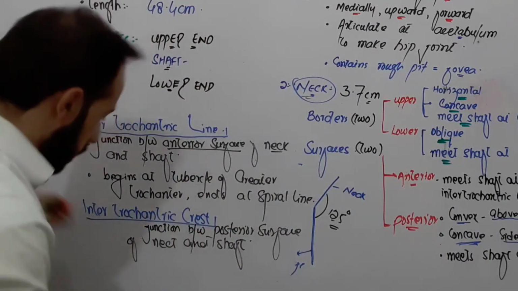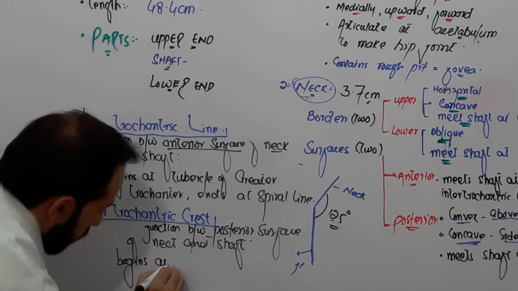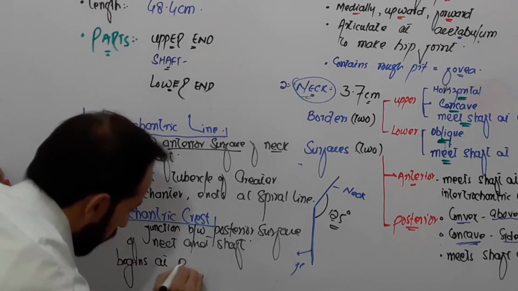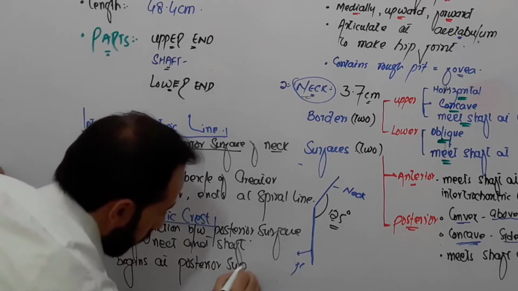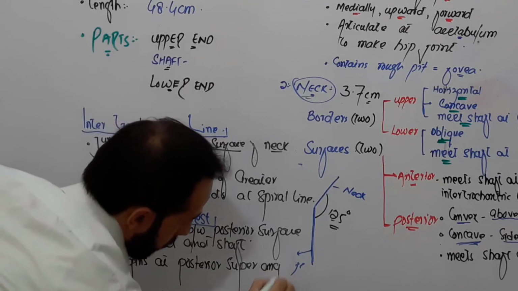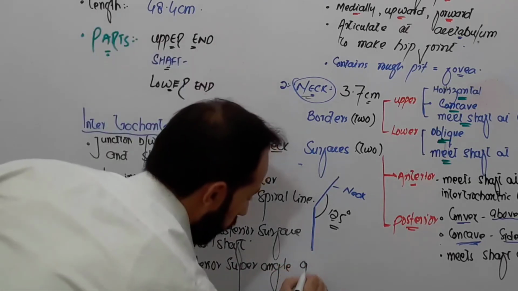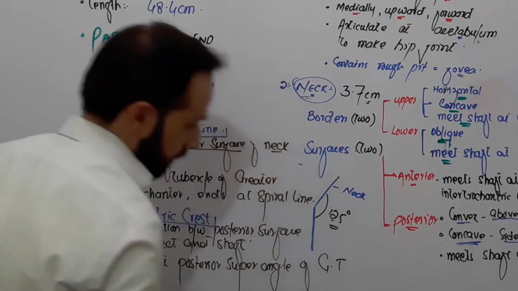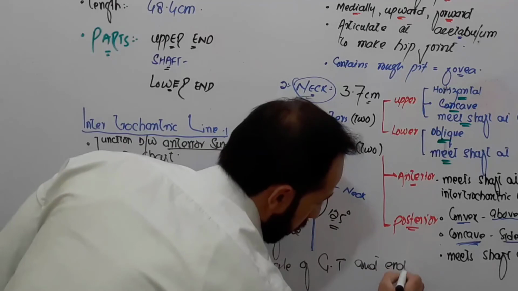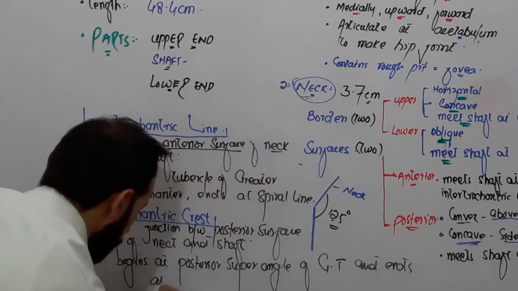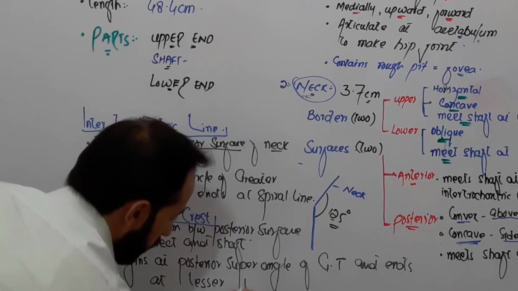It begins at posterior superior angle of what? It begins at the posterior superior angle of greater trochanter and ends at lesser trochanter.